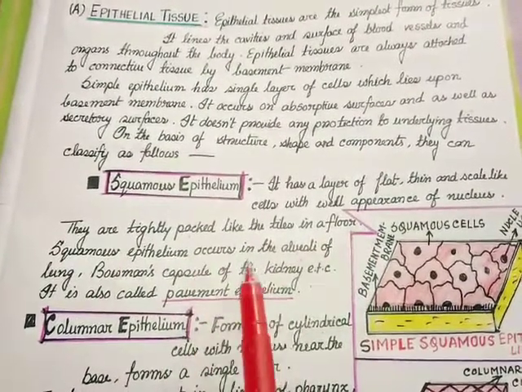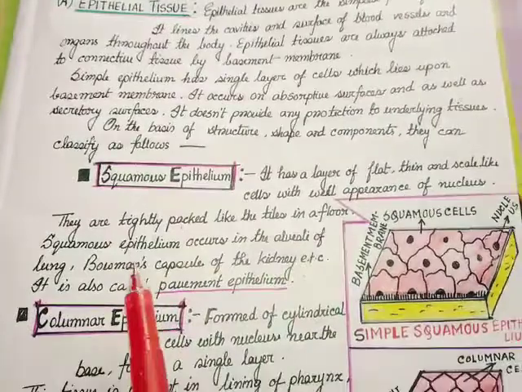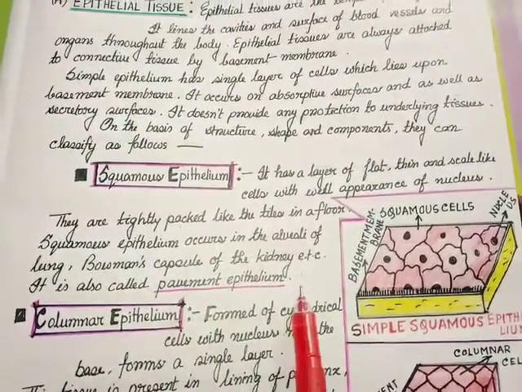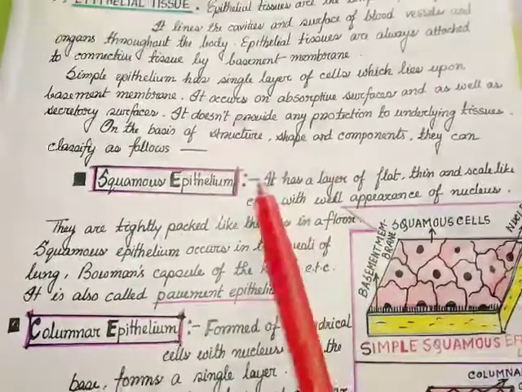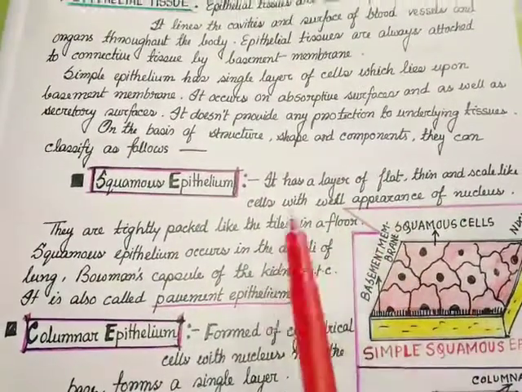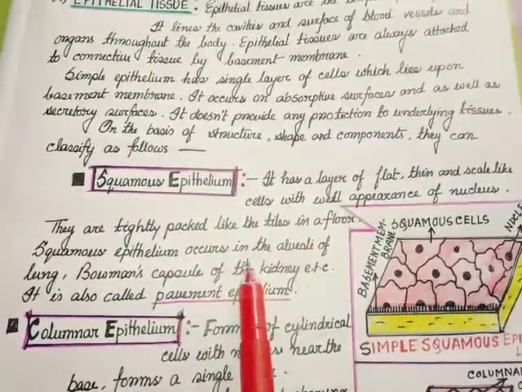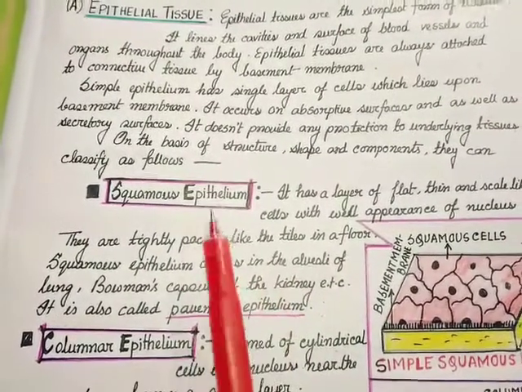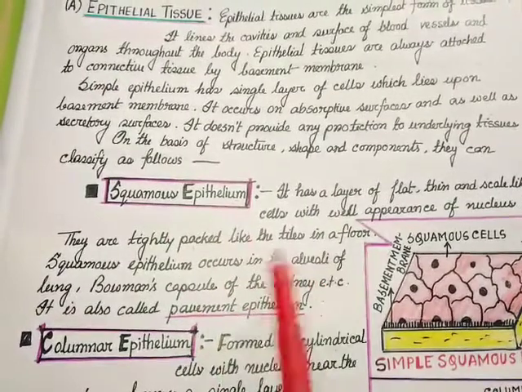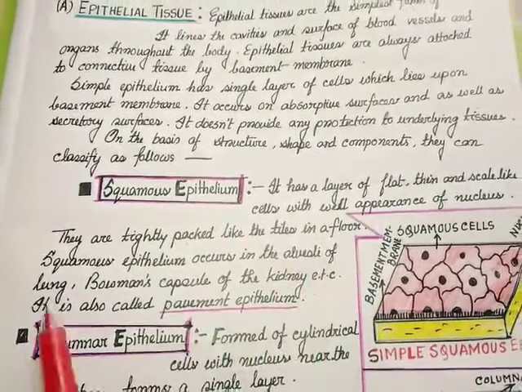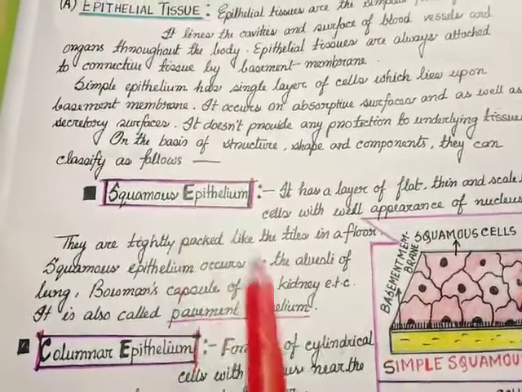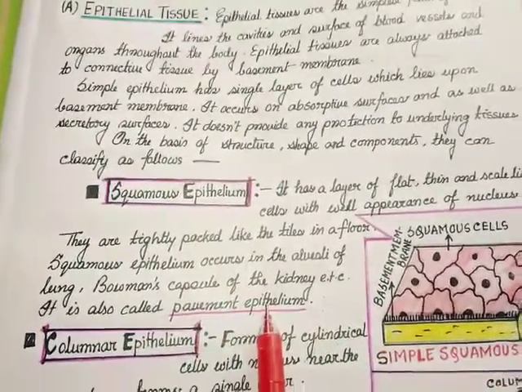Squamous epithelium occurs in alveoli of the lung, Bowman's capsule of the kidney, etc. It is also called pavement epithelium. So first you have to learn the structures, okay, and after that the location, where it can be found. The location of the squamous epithelium is alveoli of lung, Bowman's capsule of kidney, etc. And the other name of squamous epithelium is pavement epithelium.